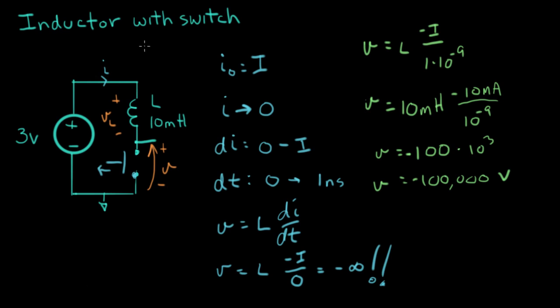How can this be? This is a puzzle about inductors that we actually have to solve by looking up close at what's going on right in this switch area. This is where reality comes in and saves us from the crazy results we're getting from our ideal equations. So let's pretend here's the terminal of the switch right here. Let's do a blow up, and here's that switch plate.